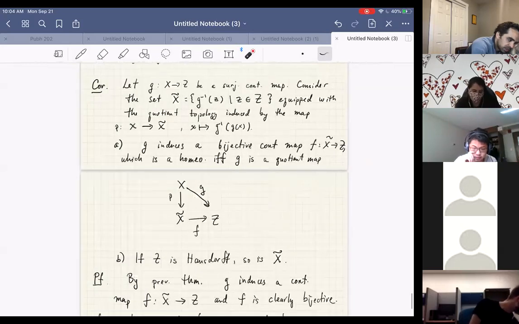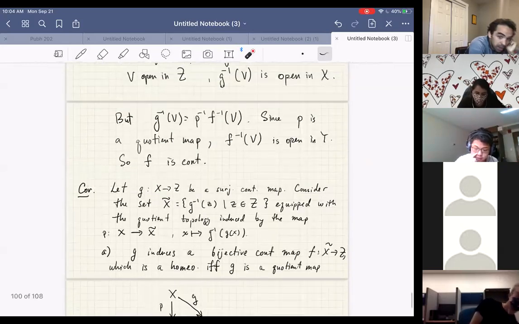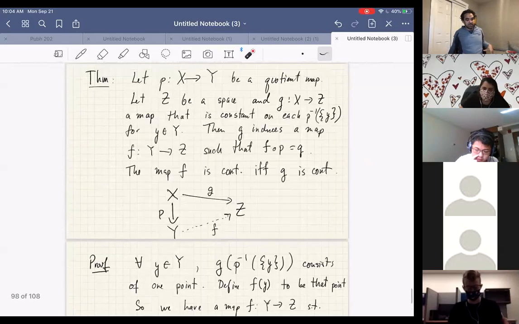So let's stare a little bit at this theorem again. What is this theorem saying?